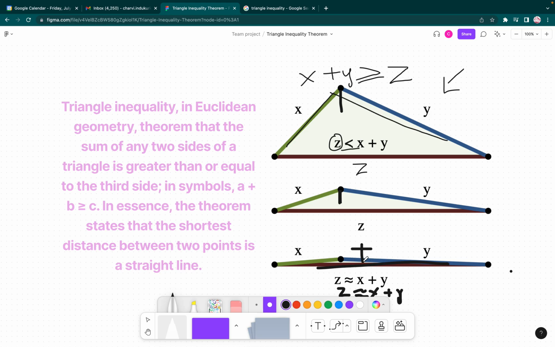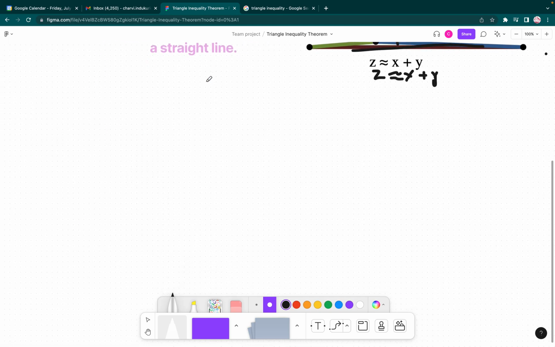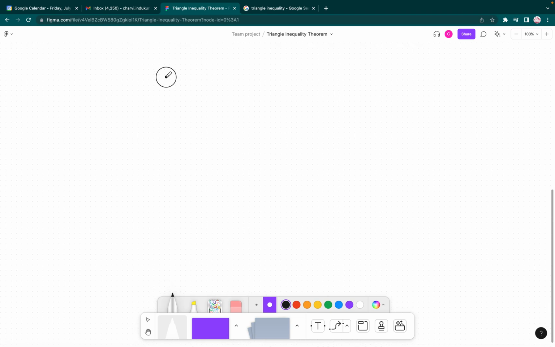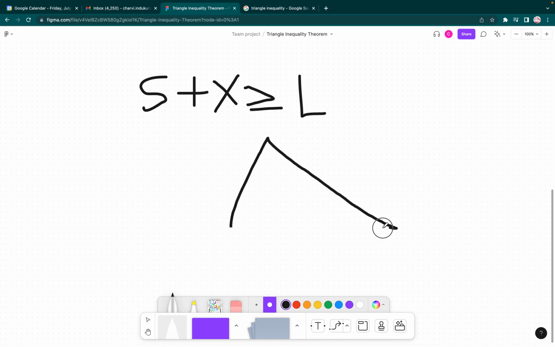Okay, so technically, how this works is that side small plus side extra small, which I'm just going to represent with X, must be either greater than or equal to side L. So I'm just going to draw a triangle right over here.